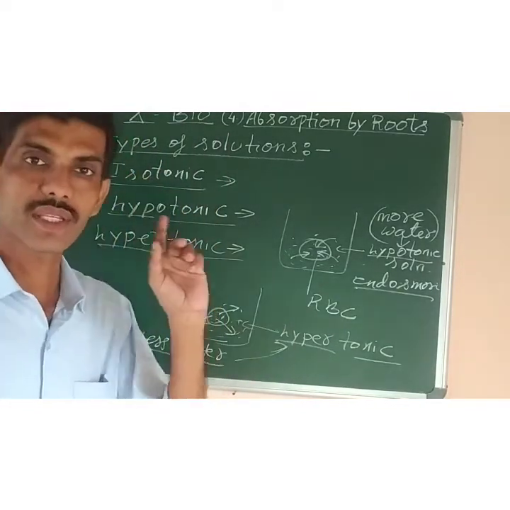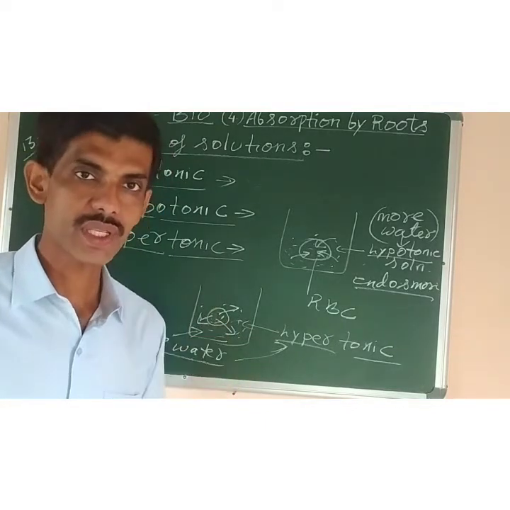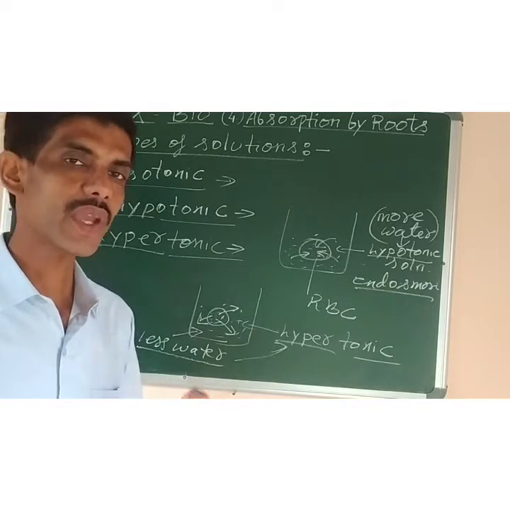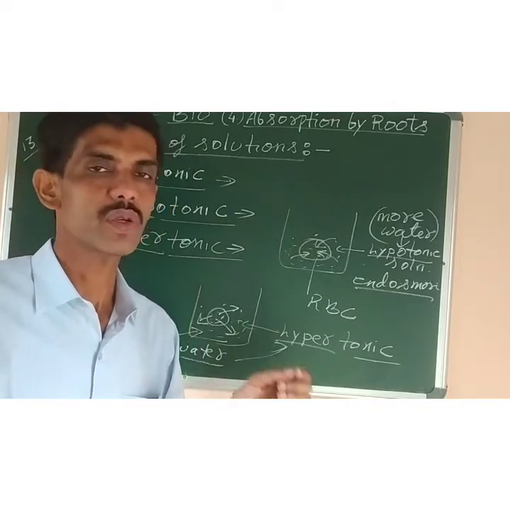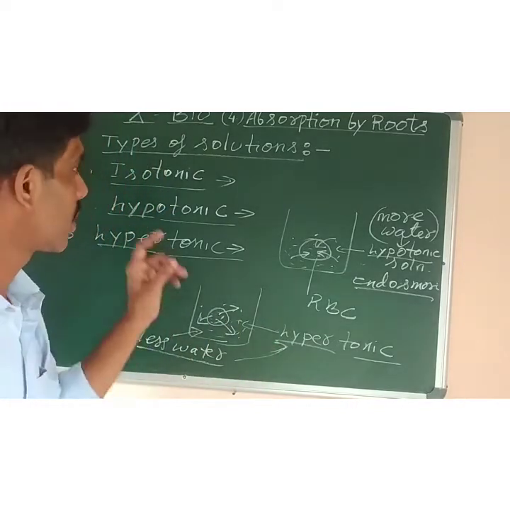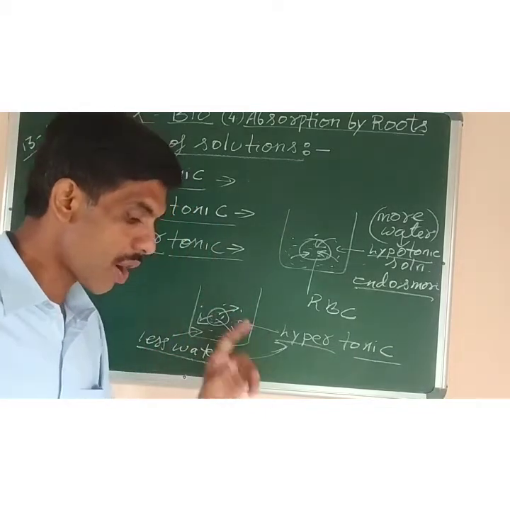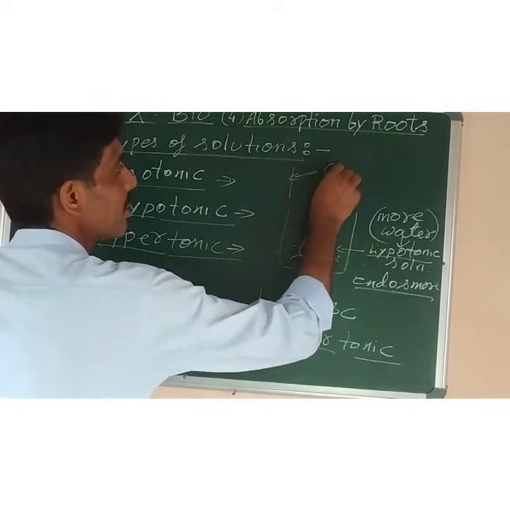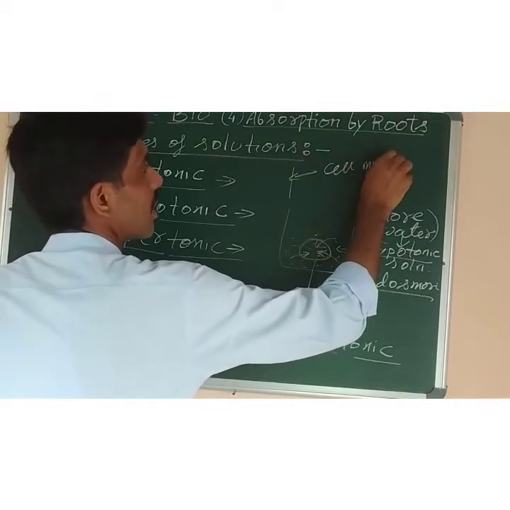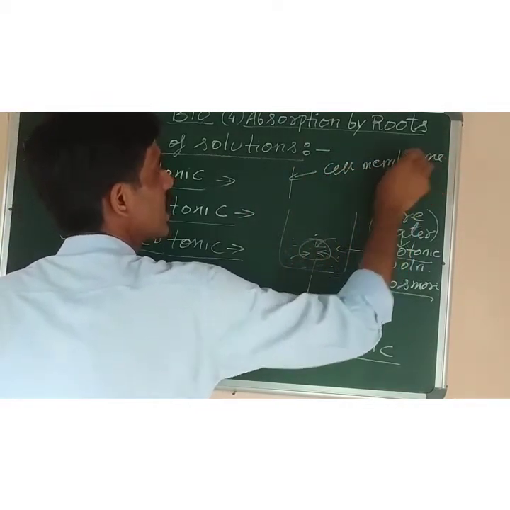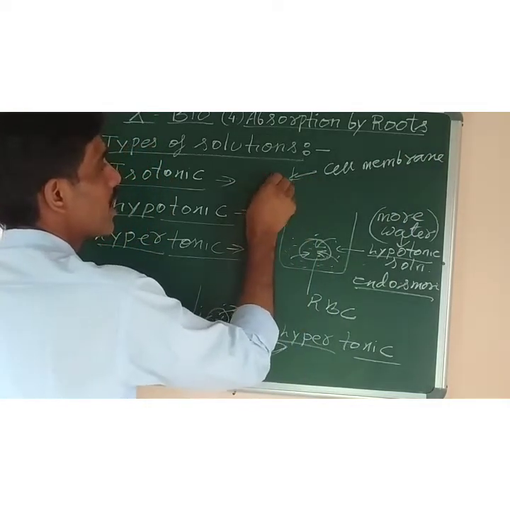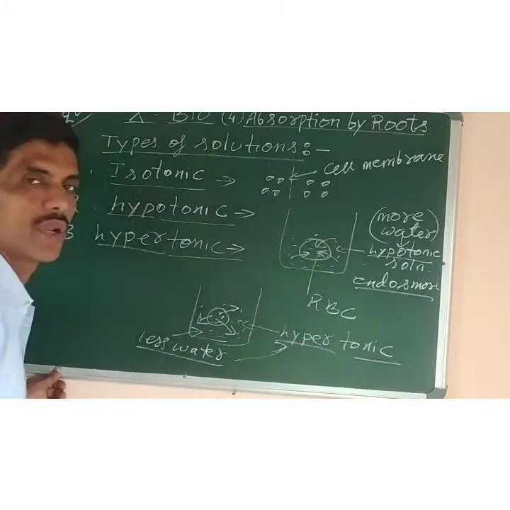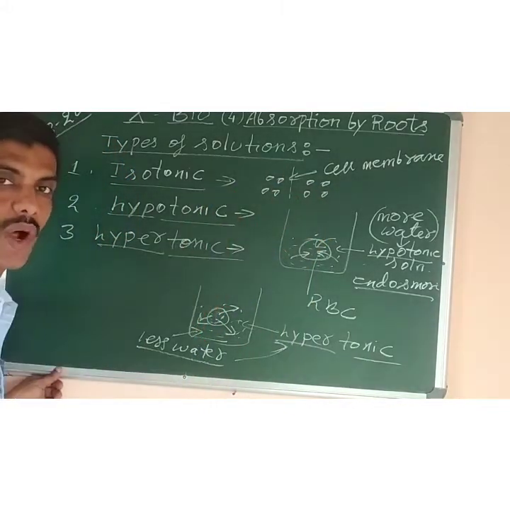Isotonic solution is one in which the concentration of solvent or water molecules is equal on either side. Suppose this is a cell membrane, and the cell membrane has tiny pores in it, you know that. If there are water molecules, like 1, 2, 3, 4 water molecules here, and here also 1, 2, 3, 4 water molecules, these are represented as water molecules.